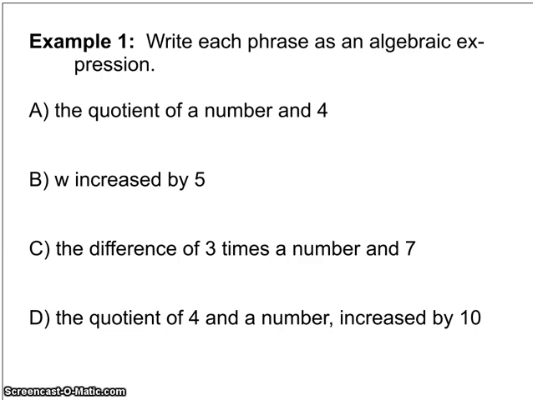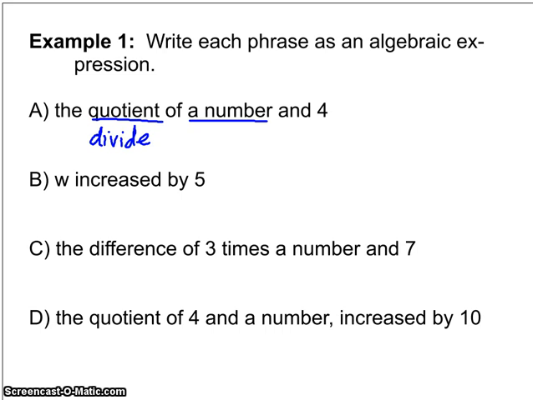The quotient of a number and 4. I'm going to go through and nitpick all the key pieces here. First of all, I see the word quotient, which means to, do you remember? Divide. The quotient of a number, a number. Now, do we know this number?